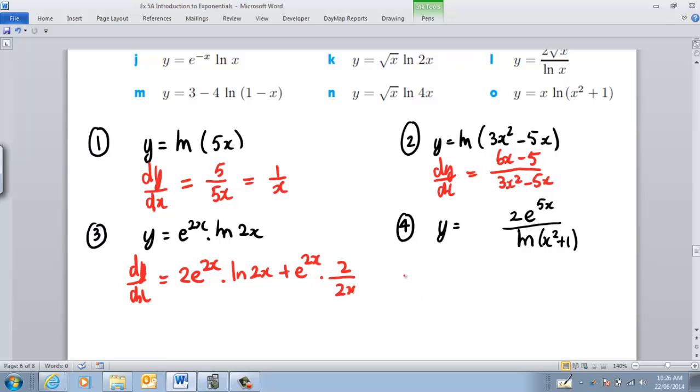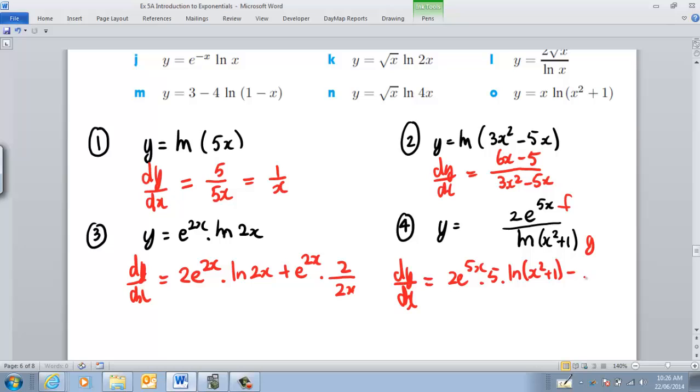Now for number 4, we're going to use the quotient rule. Again our f function's at the top and our g function's there, so that's simply going to be 2e to the 5x times by 5, times that by our g function, ln of x squared plus 1.